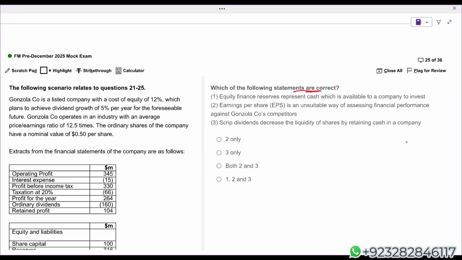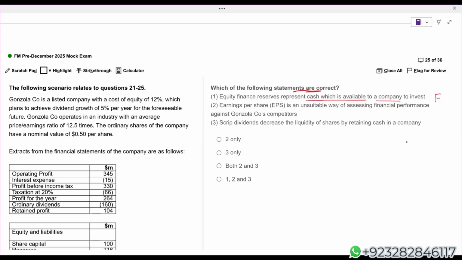You can say there's a possibility cash is available, but there is still a possibility that cash might not be available. It is possible that you have already spent the cash. Your reserves have increased due to profit, but there's a possibility cash is not available. So this is not correct.